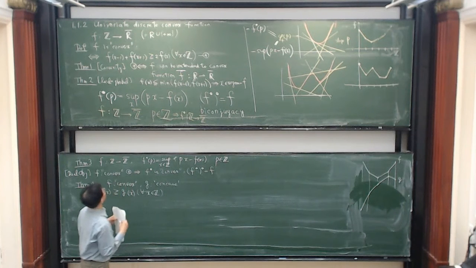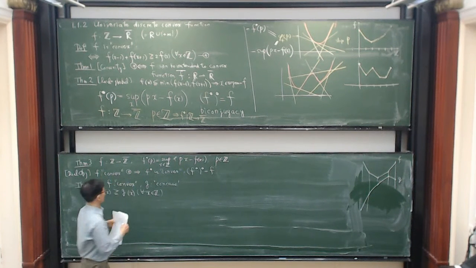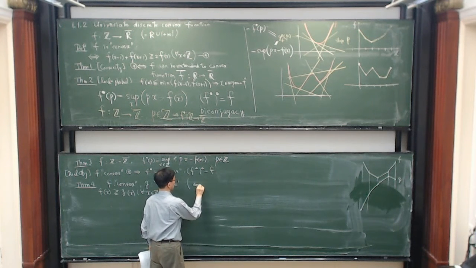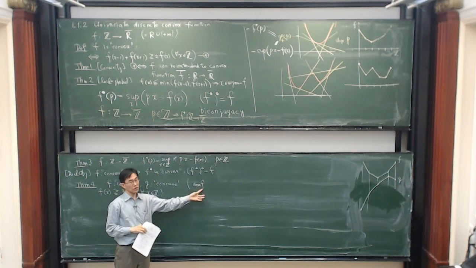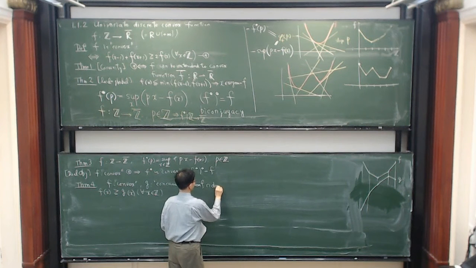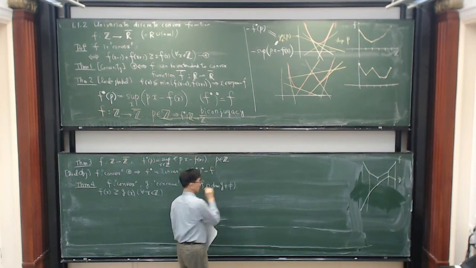And if you consider the case that involves infinity, we need some technical assumptions: the domain of f, meaning the set of x's at which f is finite, and the domain of g are non-empty.